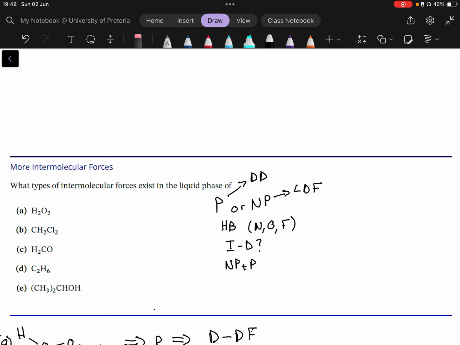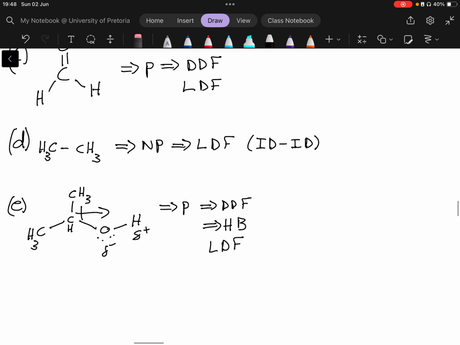Hydrogen bonding is a special kind of dipole-dipole force added on top of the dipole-dipole force and the London dispersion force. And then ion-dipole is, of course, for mixtures, and non-polar and polar mixtures also have a special dipole-induced dipole force that comes in. But we didn't look at mixtures here, so those two are kind of separate. But yeah, that is how we identify it.